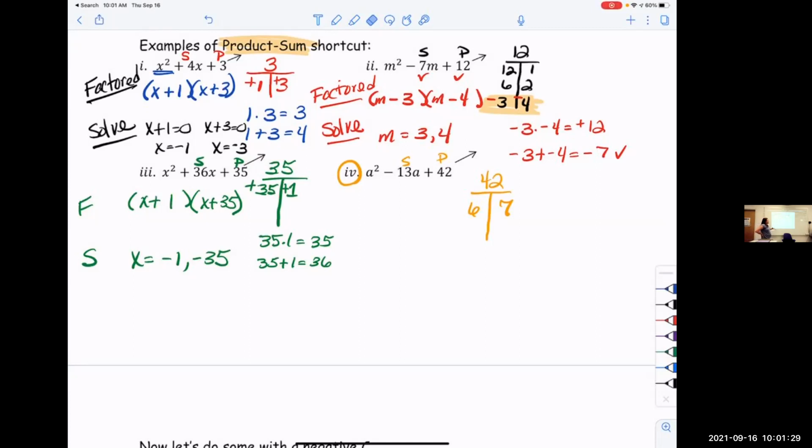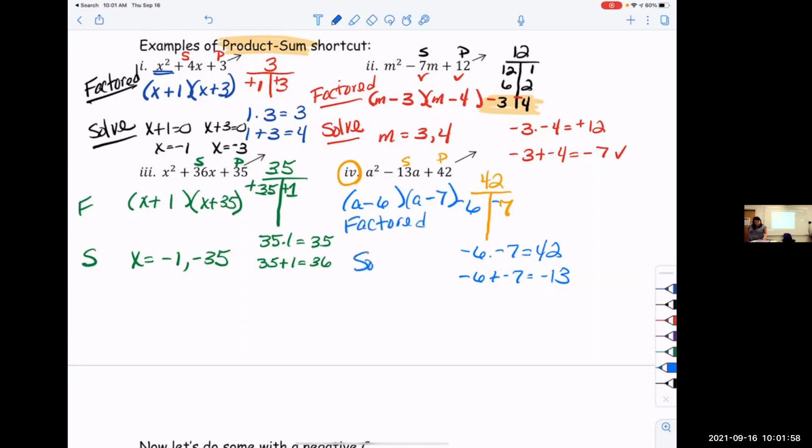All right, so this time we want a -13. So that means both of them have to have the negative sign, right? So -6 times -7 is +42, -6 plus -7 is -13. So once we know it's going to work, we split the A, -6, -7, that is factored.